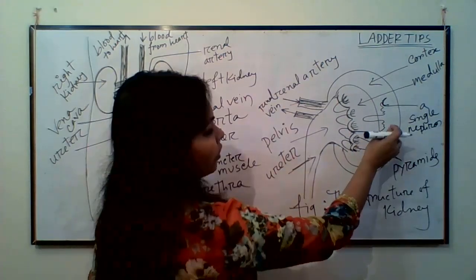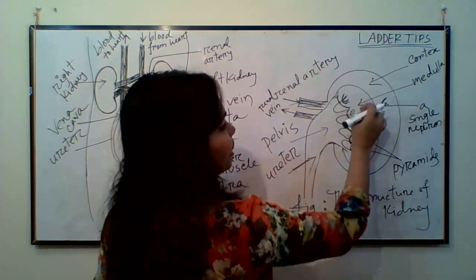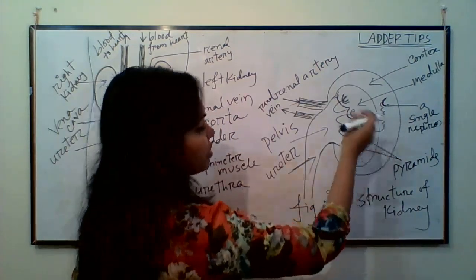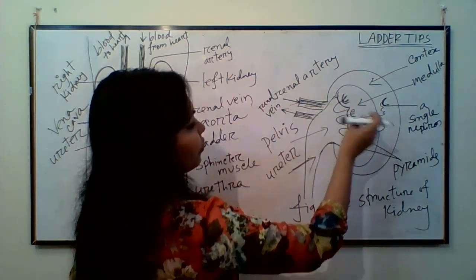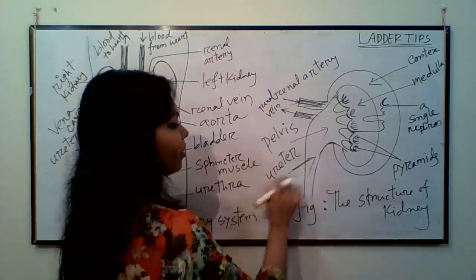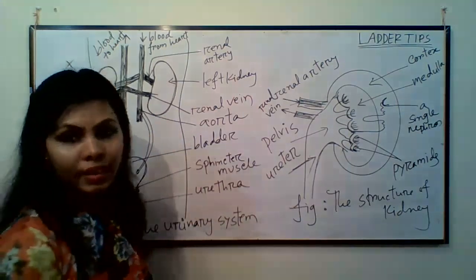Kidney tubules then run down to the middle layer of the kidney, called medulla, and medulla has some bulges. They are called pyramids, and pyramids then join up to the next space called pelvis. The nephron stores urine in this space, and pelvis connects to the ureter. This is just a little about the kidney.